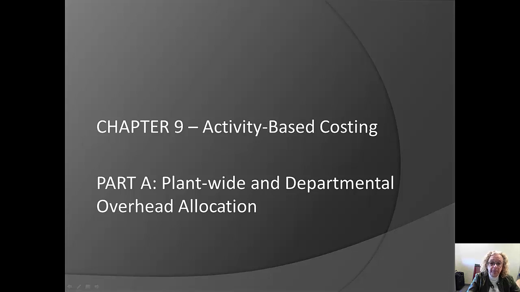Therefore, we will end up misunderstanding how much both of those products cost us to make. So let's take a look at some ways to allocate overhead costs and try to come to an understanding of how to choose among those methods.